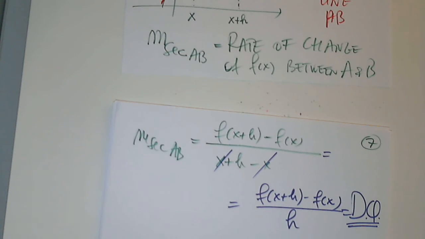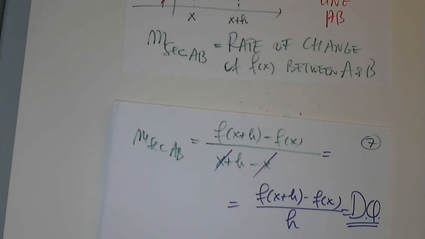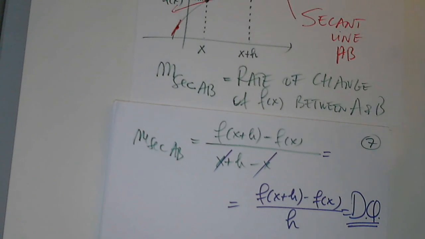It was given to us in this problem, but moving forward, we have to remember it. Any questions? One more time, what does it represent? It is the rate of change of this function between 2 points. But they're so close that later on, we're going to do something interesting with this definition.